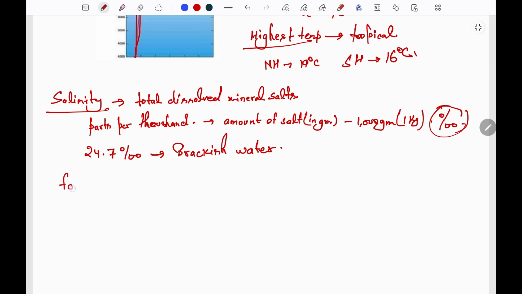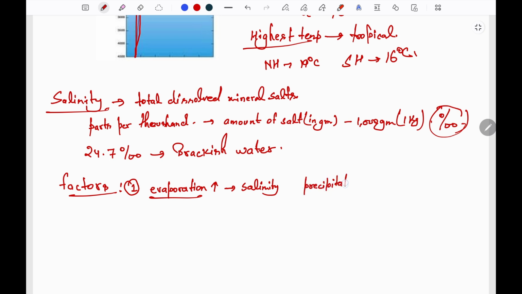Now let us look at the factors that are affecting the salinity of the ocean water. So it majorly depends upon the evaporation and precipitation. If the evaporation will be more, then salinity will be more. Water will be evaporated and salt will be left at that place. So the salinity of that place will be more. And precipitation, if the precipitation is more, then there will be more influx of the fresh water and the salinity will be reduced.